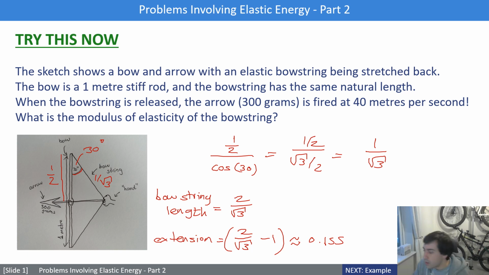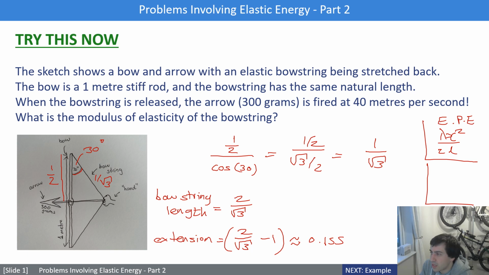Okay, and then we've got the extension. So let's work out the elastic potential energy currently stored in that bowstring. It's going to be lambda x squared over 2L. In this case, L is 1. Lambda we don't know yet, we want to find it. The extension is 0.155.